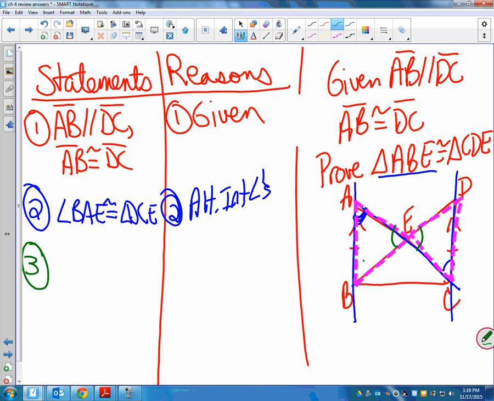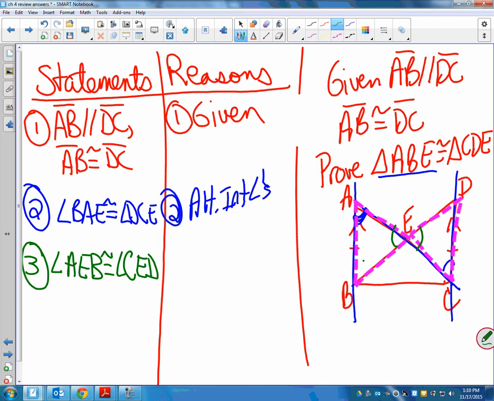I'm going to say angle AEB is congruent to angle what? And remember that order matters. A really great way to help you, I always look at this.